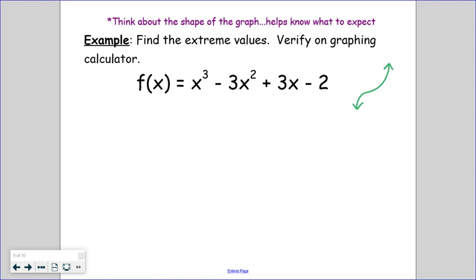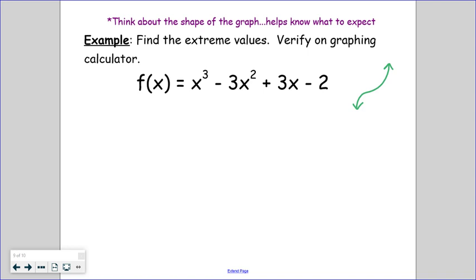Well, what does that tell you in the whole frame of extreme values? You know it's an x cubed. What can I already tell you about the extreme values? I don't know anything else about this function, but I can tell you something. There are no absolutes, right?